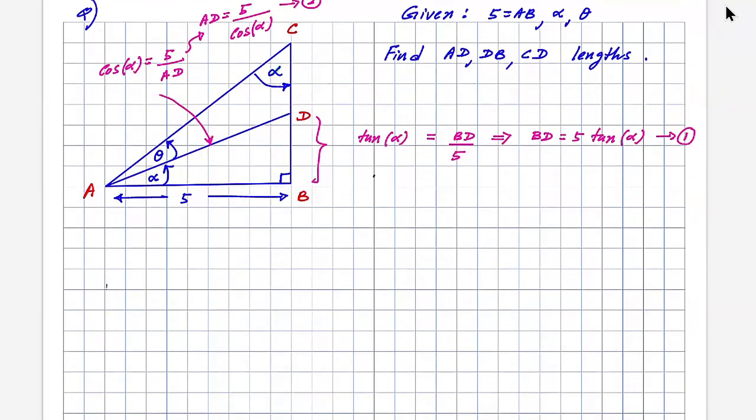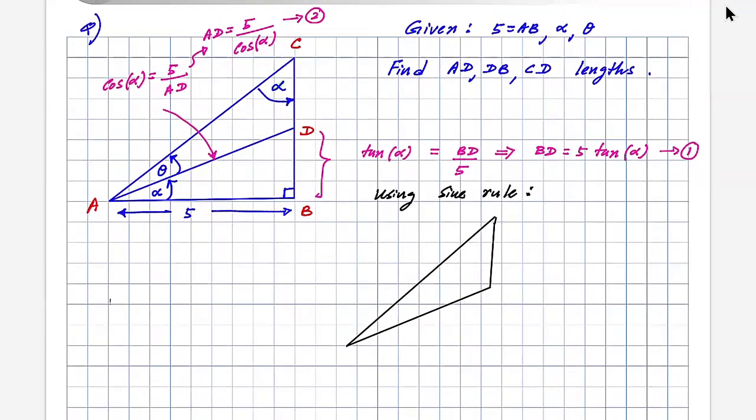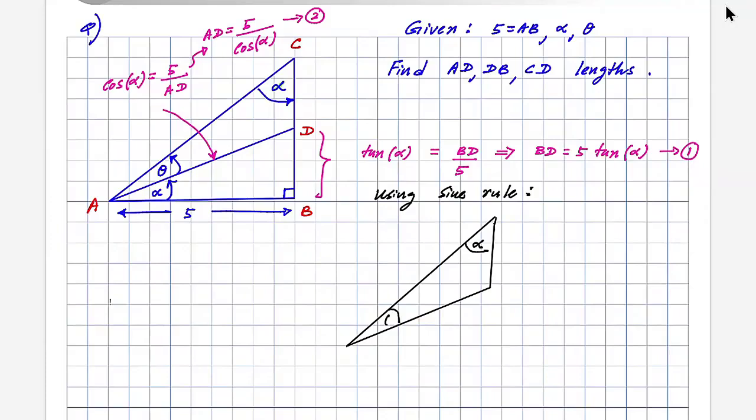So using sine rule, what I will do, I will bring this triangle out, and then I would say this is alpha, this is going to be theta.